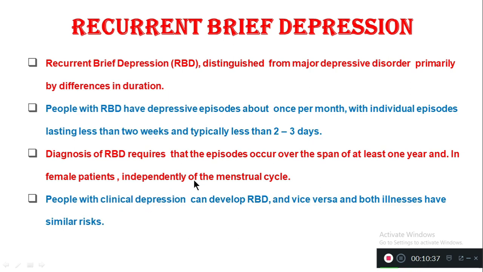So this problem does not have a relation with menstrual cycles. People with clinical depression can develop recurrent brief depression and vice versa. So recurrent brief depression and clinical depression can develop on one another's basis. Both illnesses have similar risks. So these are the major classifications of depressive disorders.